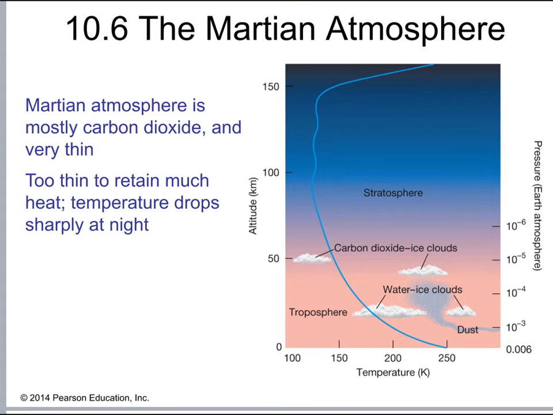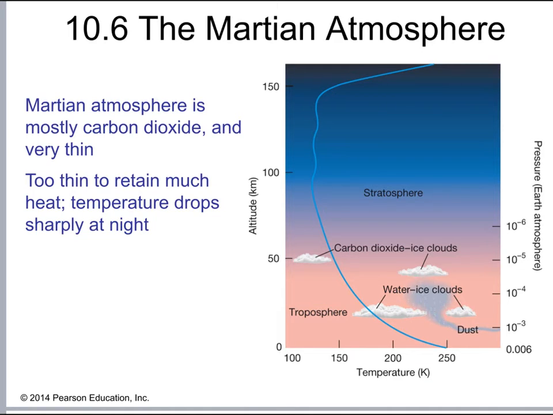And so now we can look at the Martian atmosphere, and we have this graph that we've seen many times before now. We have three different axes. On the left vertical axis, it shows the altitude above the surface of the planet. On the horizontal axis, it shows the temperature in Kelvin.